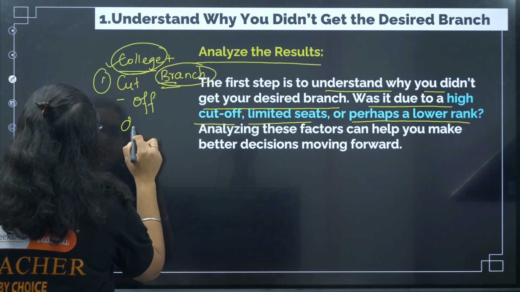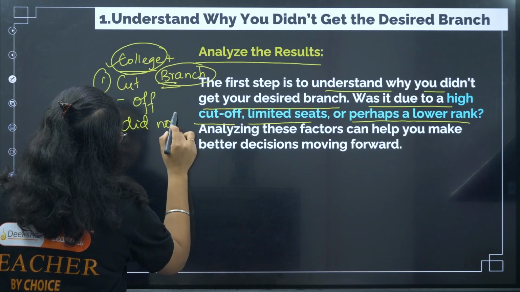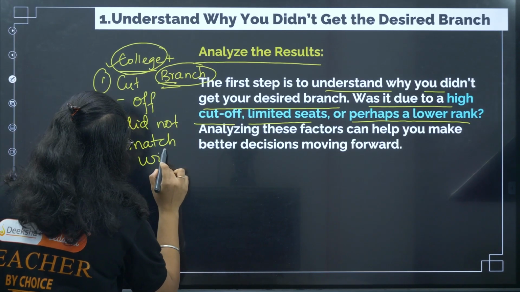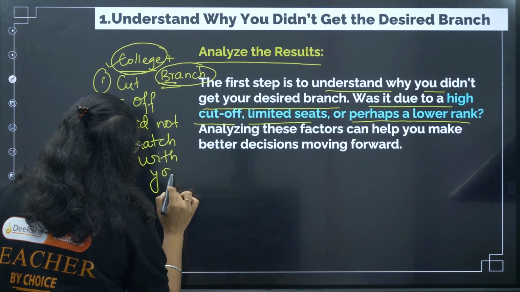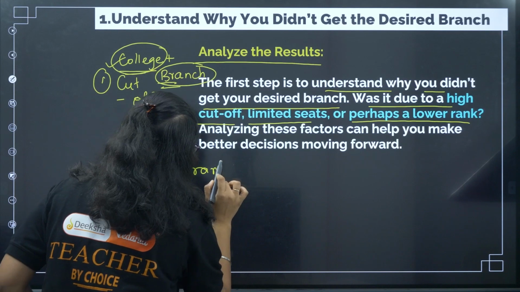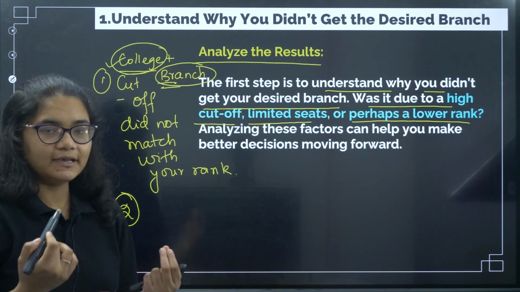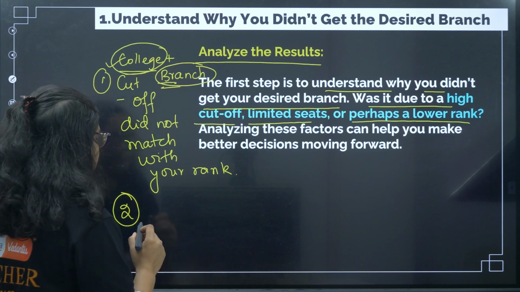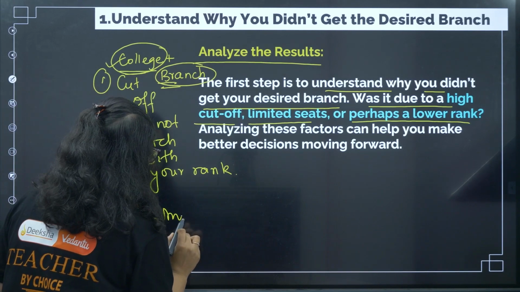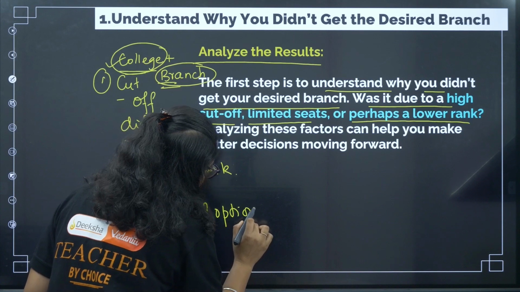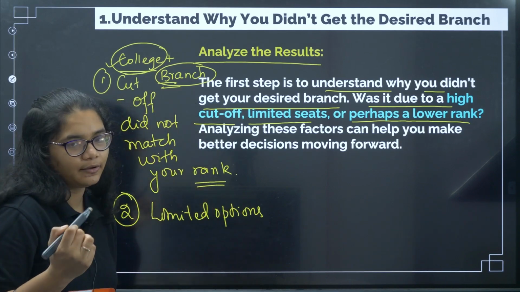So the cutoff did not match with your rank. Second, you added very limited options. You did not explore other branches or other colleges where the cutoff was actually matching with your rank.